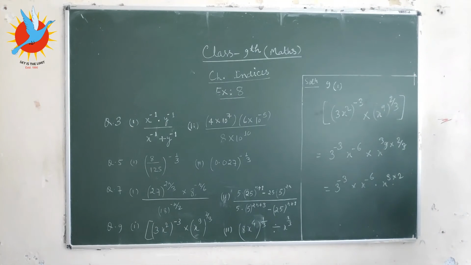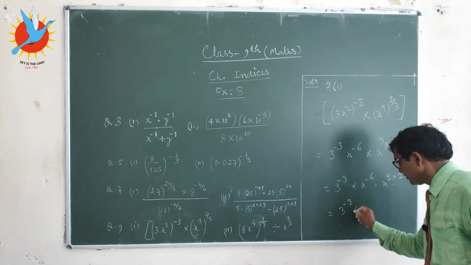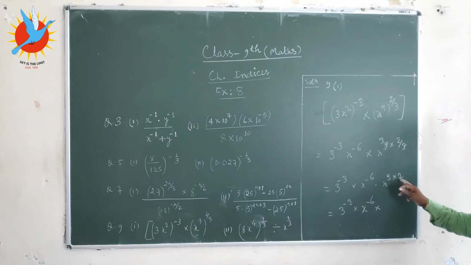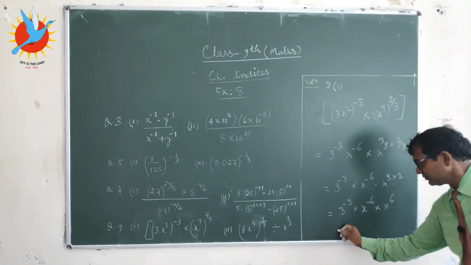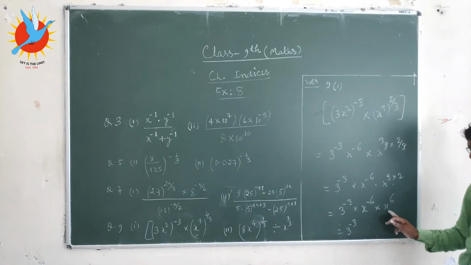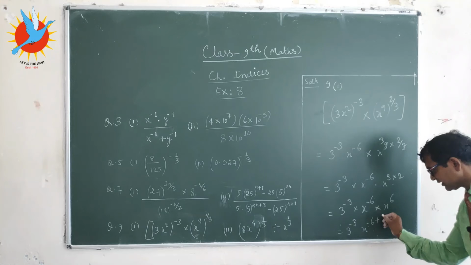Now this can be written as 3 to the power minus 3 into x to the power minus 6 into x to the power plus 6, and if you multiply these two, bases are the same, powers would be added, and therefore this becomes minus 6 plus 6.